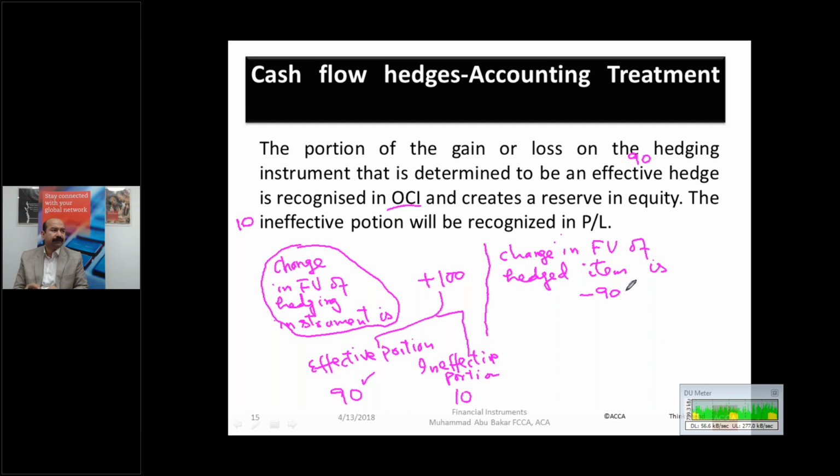Can you please quote some other example of the difference between change in fair value of hedging instrument and change in fair value of hedged item? Are you talking about the material appearing on the screen, or about illustration number 5 related to the fair value hedge? Please make it clear.